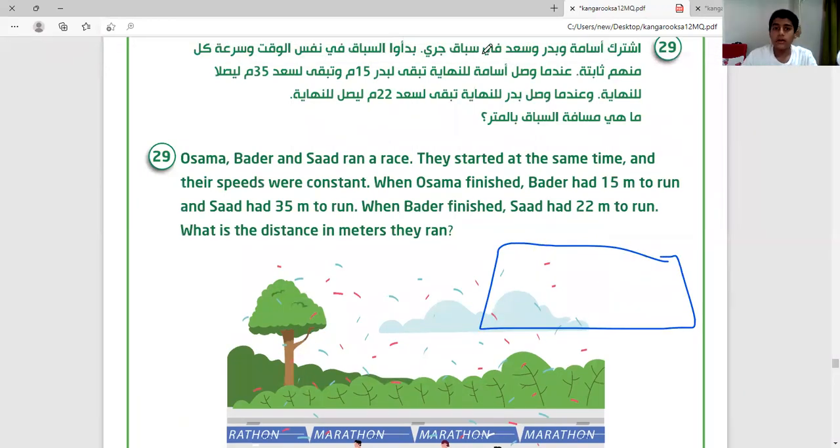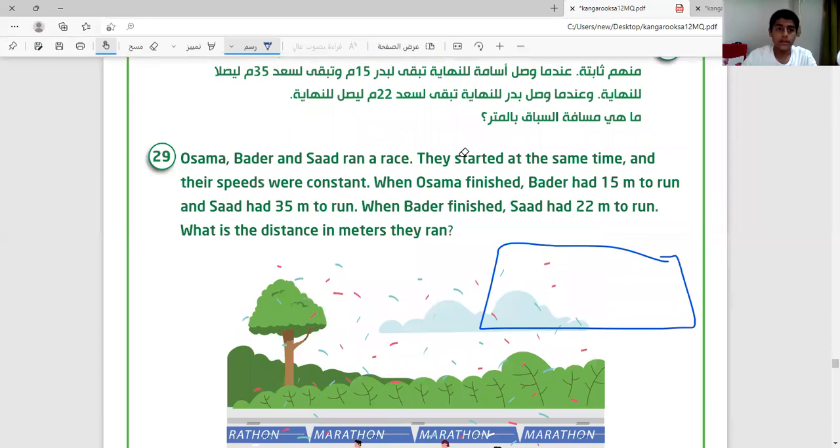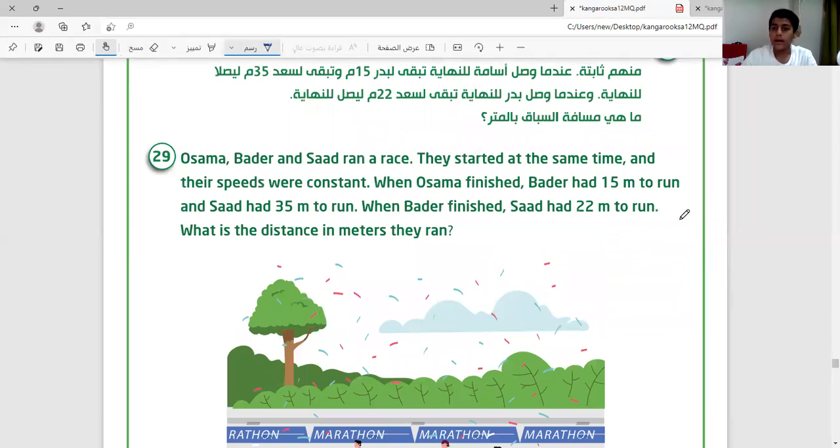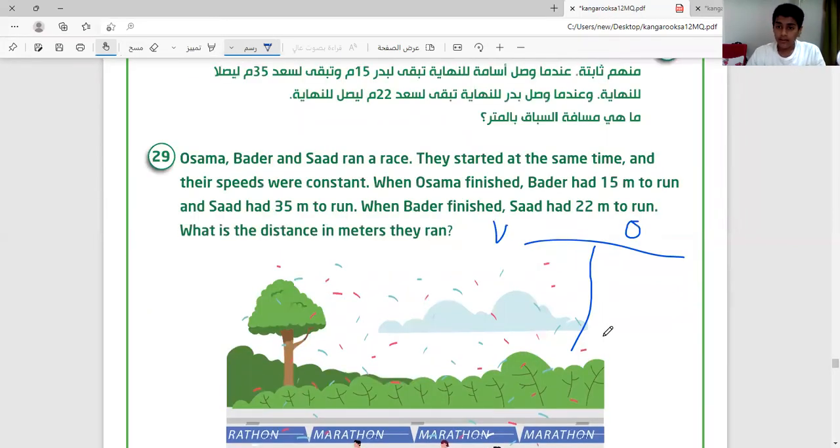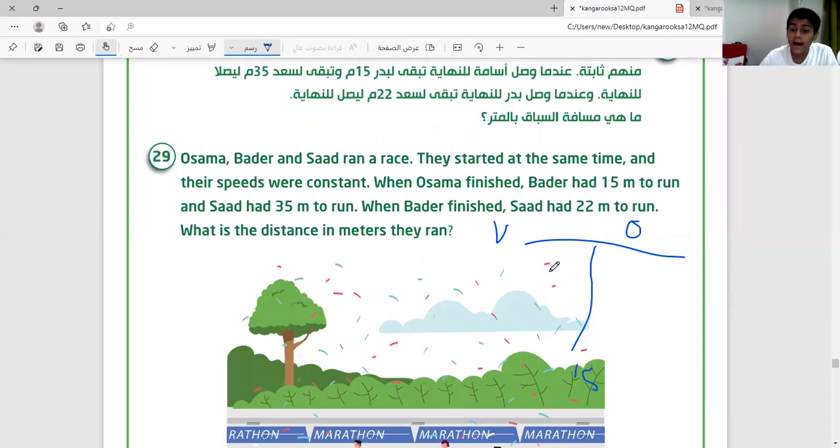Here is the finish line. Here is the victory, let's say. So Osama reached this point. Finish. He won. When he reached it, Badr has 15 meters to finish, and Sa'ad, which is the last one, has 35 meters to finish the race.